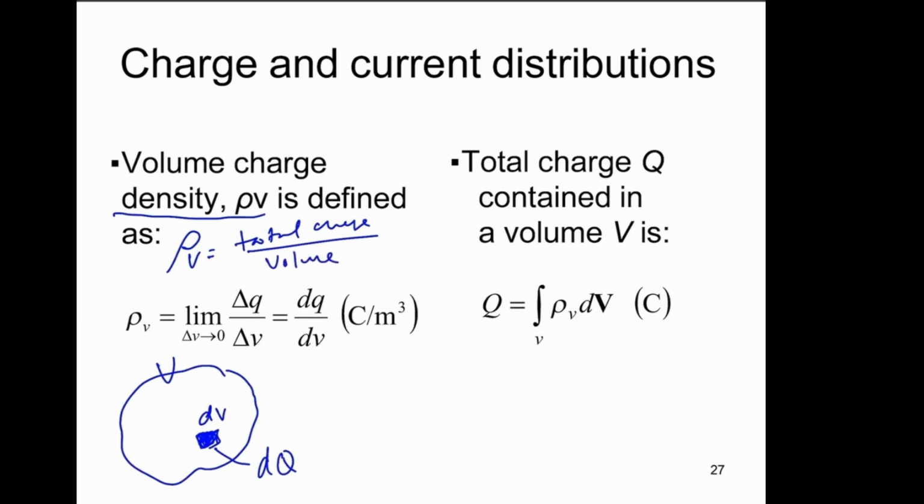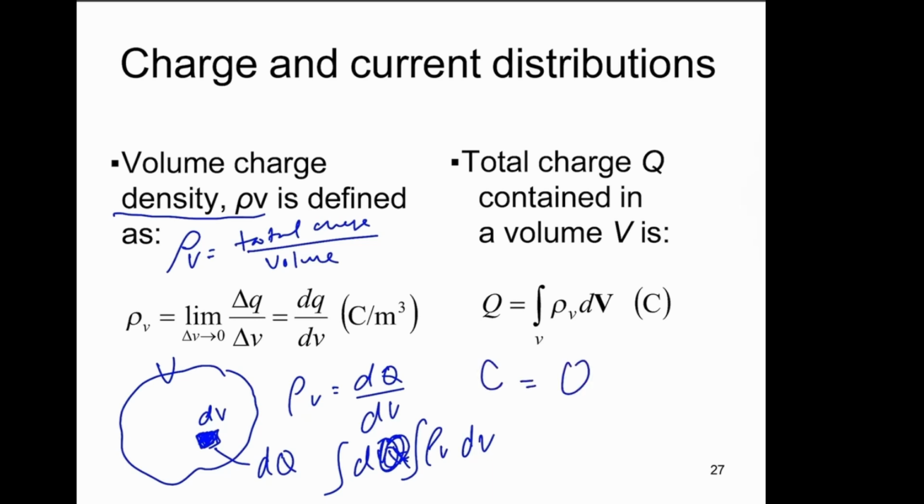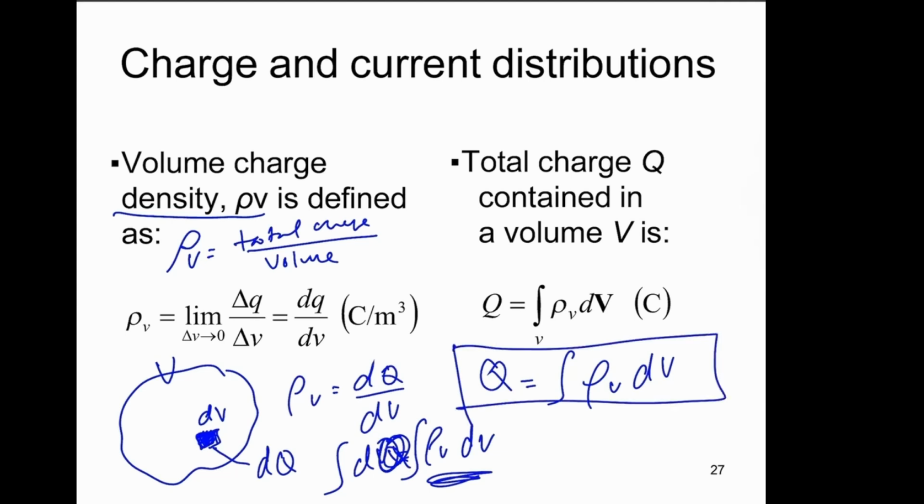So we consider just a small part, rho v equal to dq over dv. Sorry, dq equal to rho v dv. To find Q, we just integrate. Q will be equal to integration of rho v dv. Unit is coulomb, total charge in volume V.